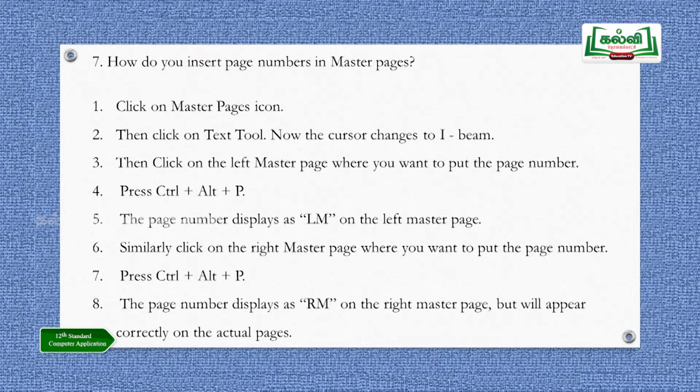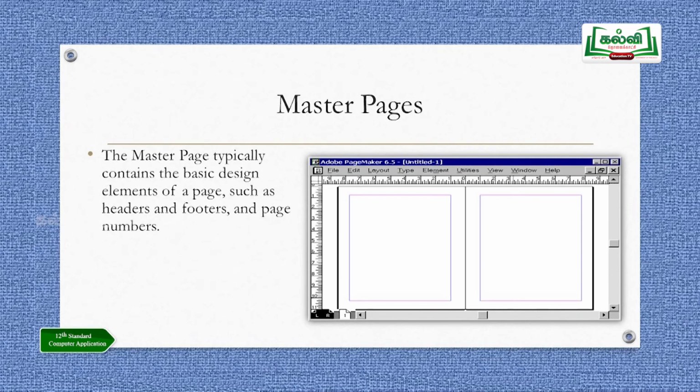Click on the master page icon, click the text tool. Now the cursor changes to an I-beam, then click on the left master page where you want to put the page number. As I told you, you will be seeing two master pages, left hand side and right hand side. Now you are clicking the left hand side. I am showing the pages for you now. After clicking the left hand side, press Ctrl Alt P, and it will show LM on the left margin, that is, the left master page.